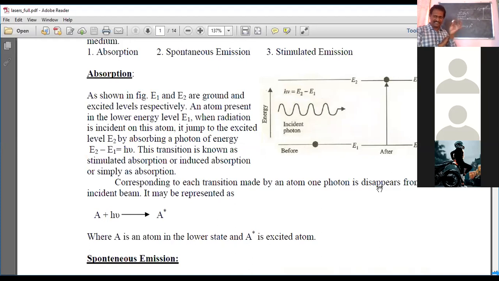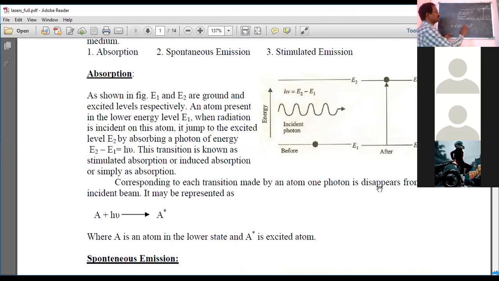Ruby rod is a type of material. Now, this material contains atoms or molecules or ions. This A may represent either an atom or a molecule or an ion, any of these things present in a material.